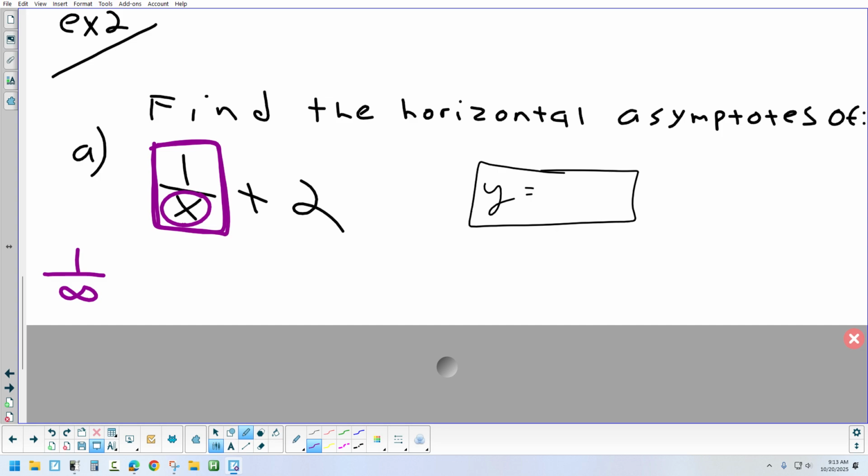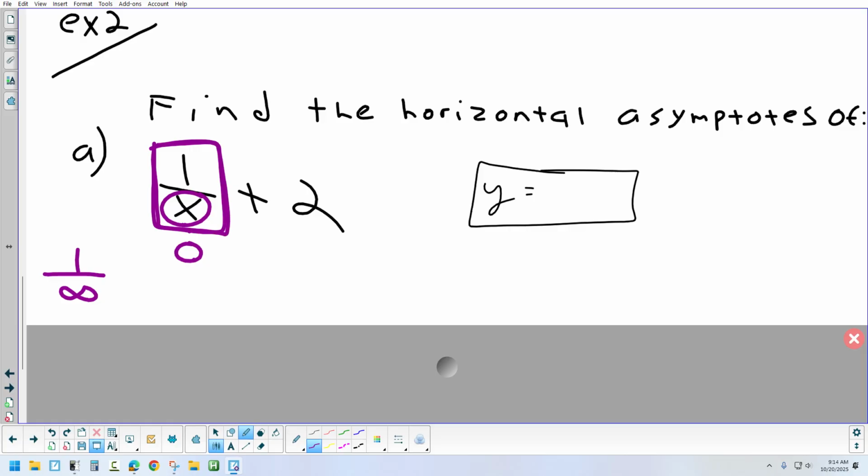When you take something and divide by infinity, we just said it's getting smaller, but what's it getting close to? It's never reaching, but it's getting very close to what? This is getting very close to 0. It's basically 0. It's getting very close to it. And if you take something that's extremely close to 0 and add 2, you're going to get a number that's extremely close to what?